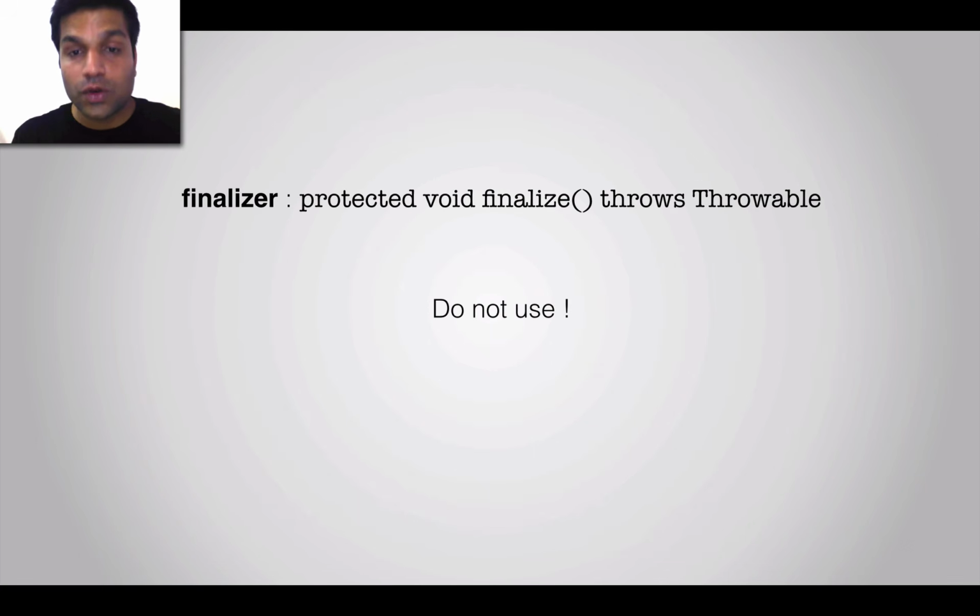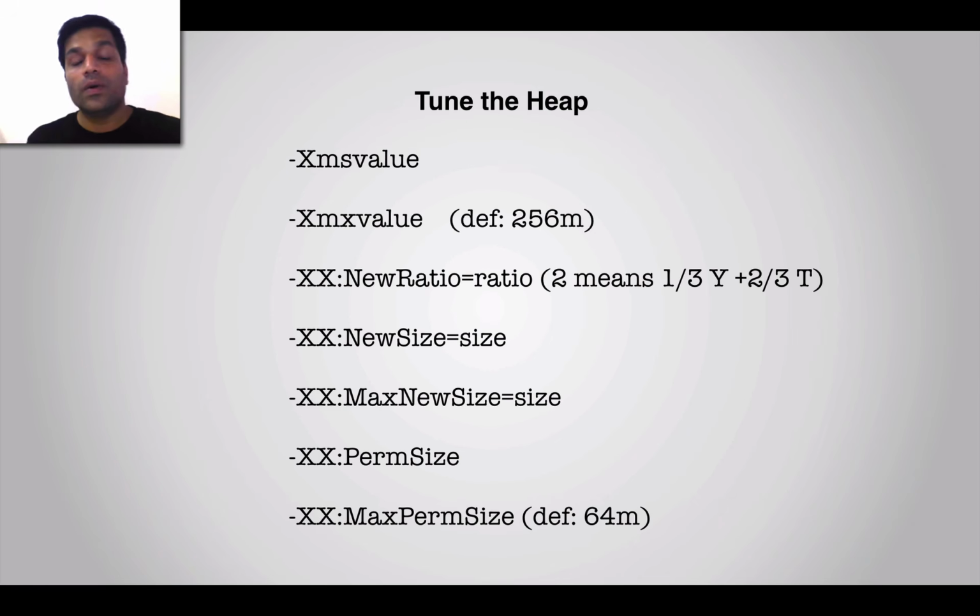So given that, let's go ahead and see some flags that are out there to tune the garbage collection parameters in Java. This is to tune the heap basically, where you would say Xms value. Xms is to set the minimum amount of heap that needs to be allocated to your program, and Xmx is the max amount of heap that is allocated to your program, default to 256 MB.